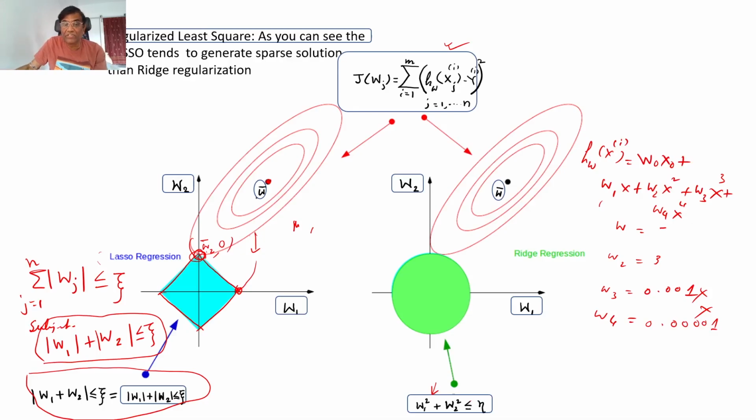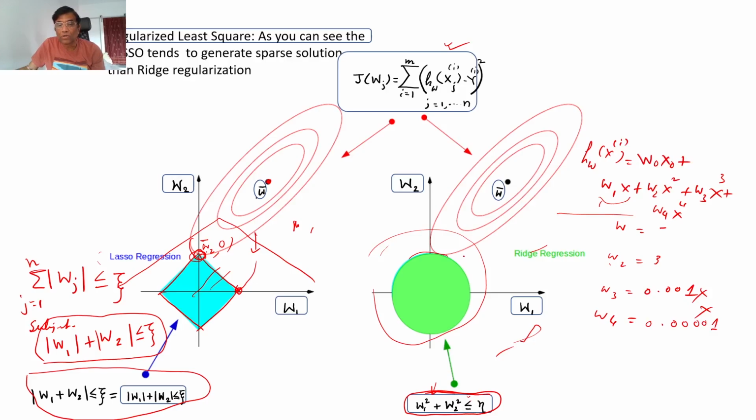On the other hand, in ridge regularization, you can see, this is actually the equation, by the nature of the penalty term, the constraint is actually a circle. How big the circle will be is a different issue. Here also how big this will be is a different issue.